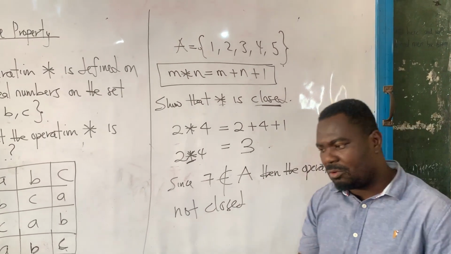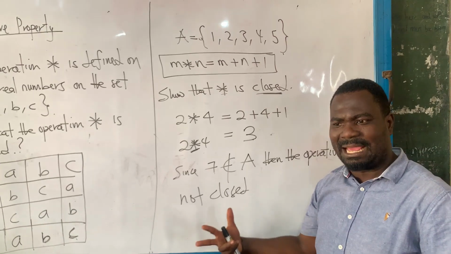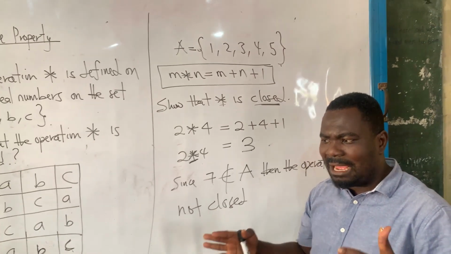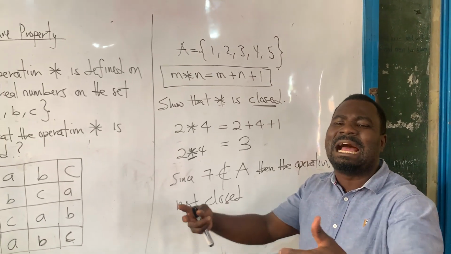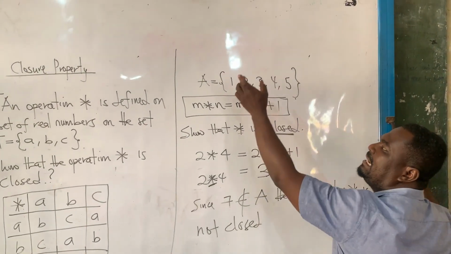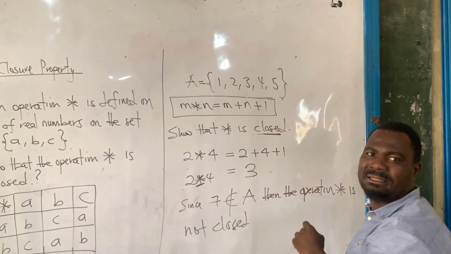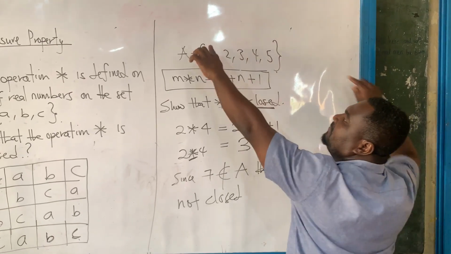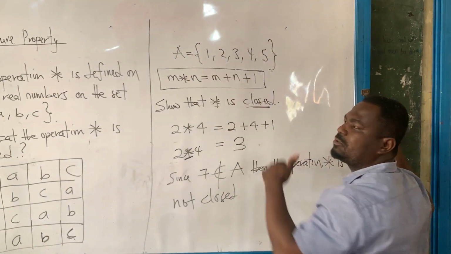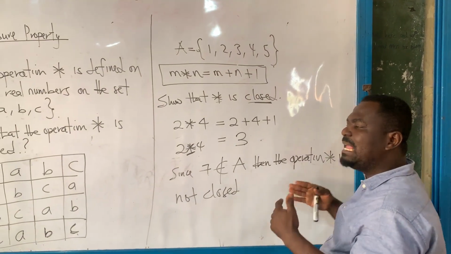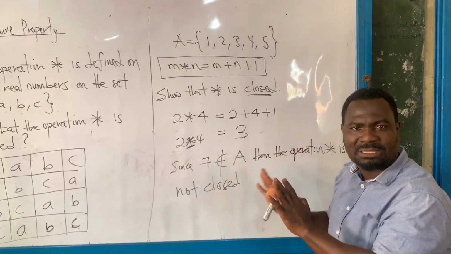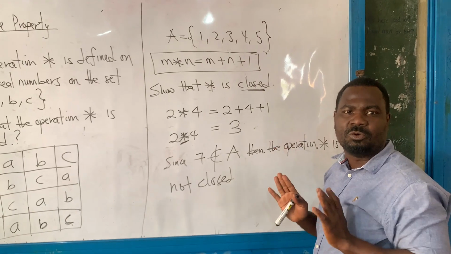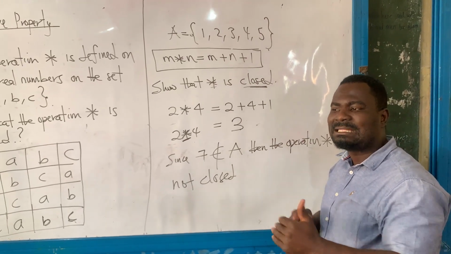So closed means two numbers are operated on, and we are expecting the answer to be a member of the set we are dealing with. The answer we are getting should be a member of the given set we were asked to discuss. If the answer we are getting is not a member, then it is not closed.